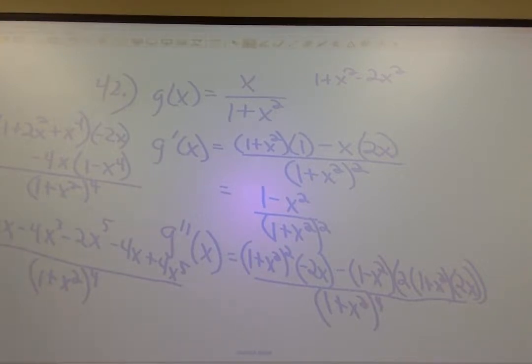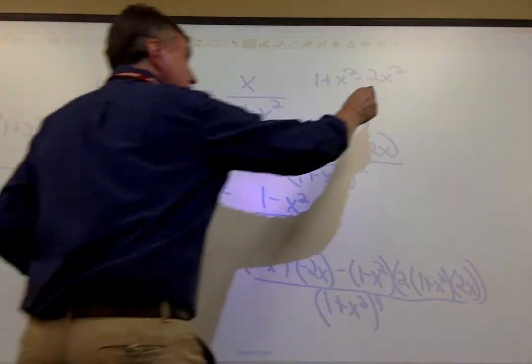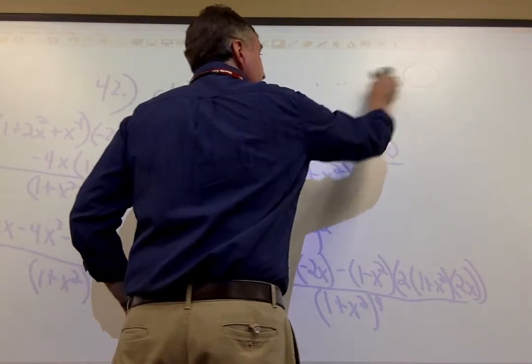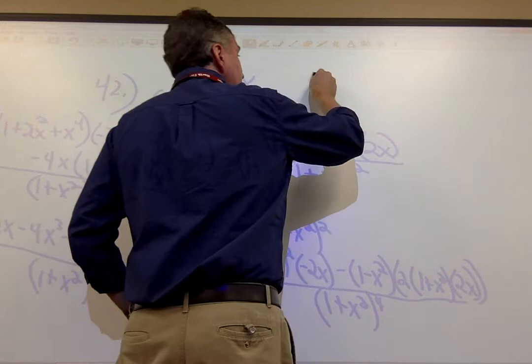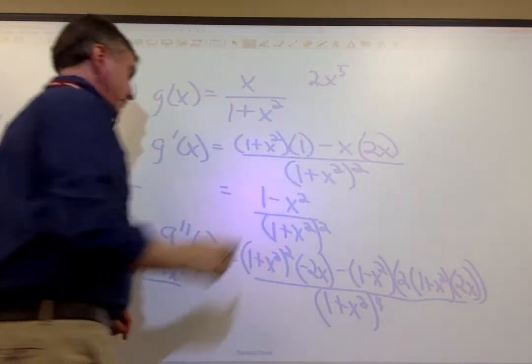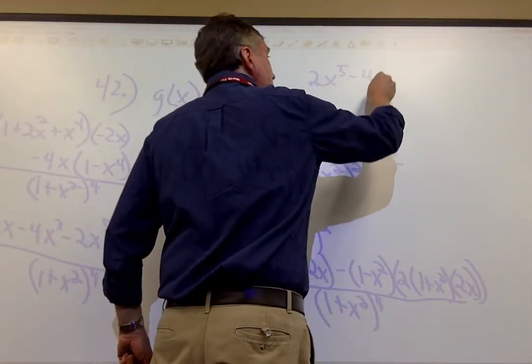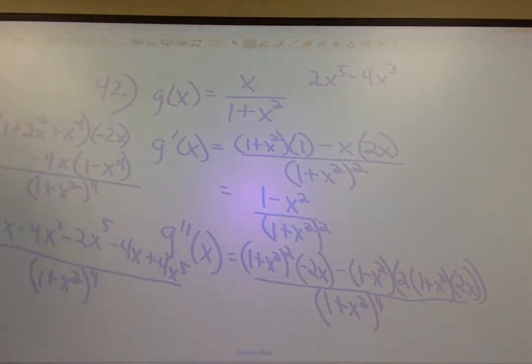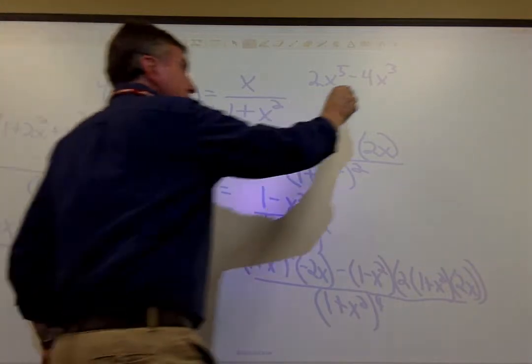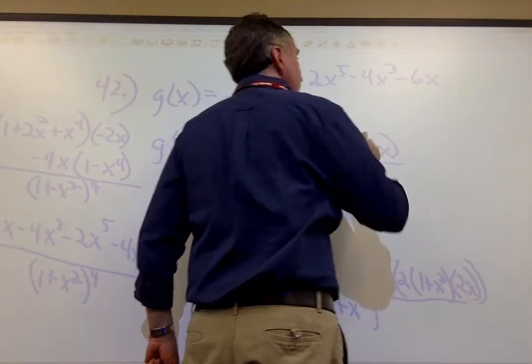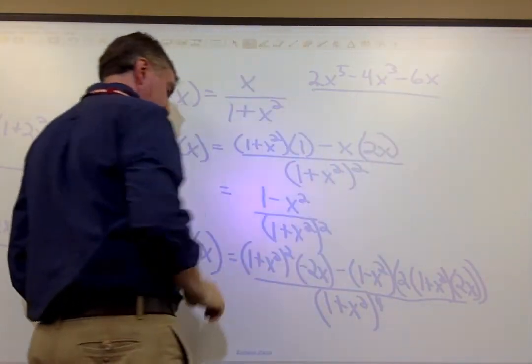If I simplify a little bit, that would be 2x to the 5th, minus 4x to the 3rd, minus 6x, over 1 plus x squared.